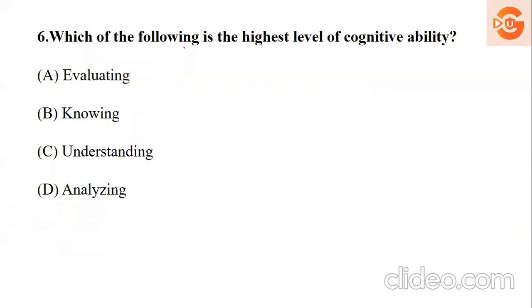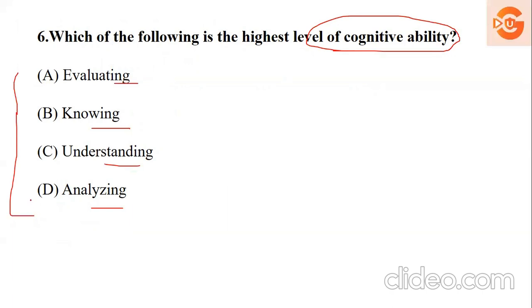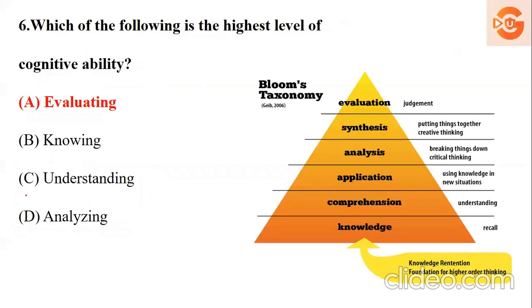Next question, which of the following is the highest level of cognitive ability? That is evaluation, knowing, understanding, analyzing. So you definitely have a question for this. Now this is nothing but what is called Bloom's taxonomy. We will just have a small look at this; the answer is evaluating. Maybe many of you are aware, but just have a look at this.